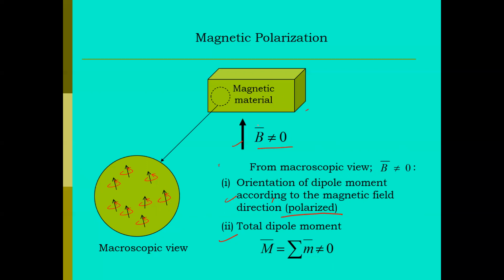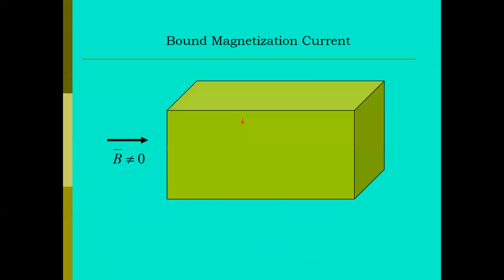It occurs when there is an applied magnetic field to your magnetic material. Okay, so we are done with the first objective. We have understood the generation of magnetization or magnetic polarization, which is produced when there is an external applied magnetic field intensity to your magnetic material.